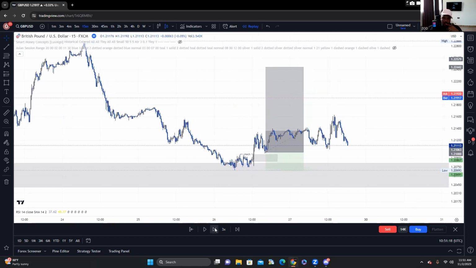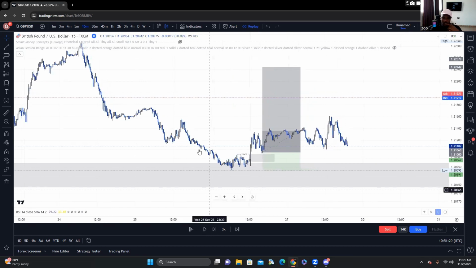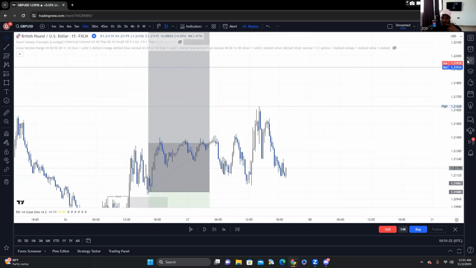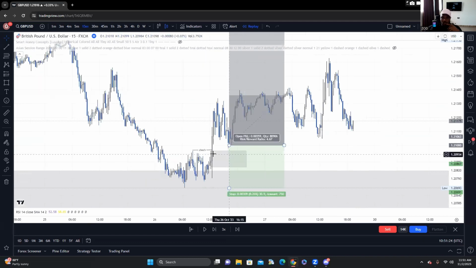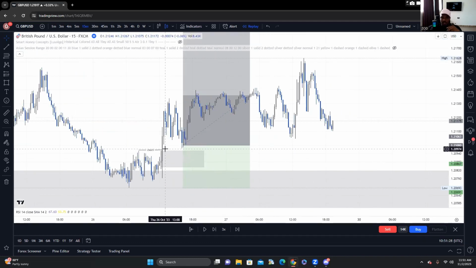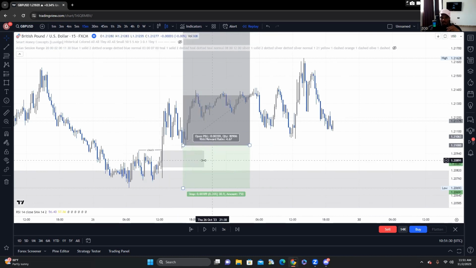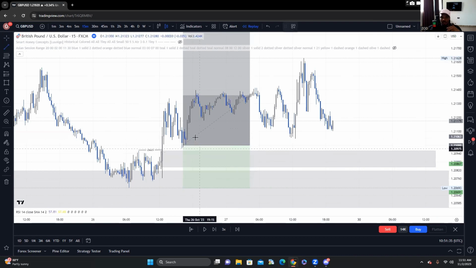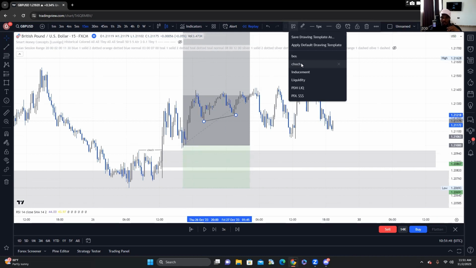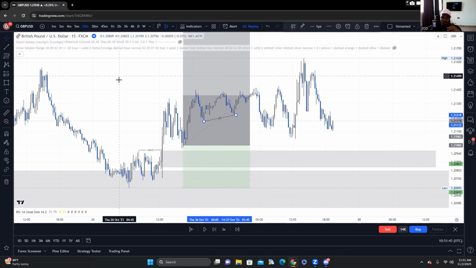Now, do not forget something as well. If you look closely here, two things are happening. Though we tapped into this trade here and we already made 1:2, there's still this small level of imbalance here in the market, which price can also come and tap into. Why? Because if you check this trade now, you'll see that liquidity is just forming. Liquidity is forming almost everywhere in forms of consolidations, in forms of equal lows.